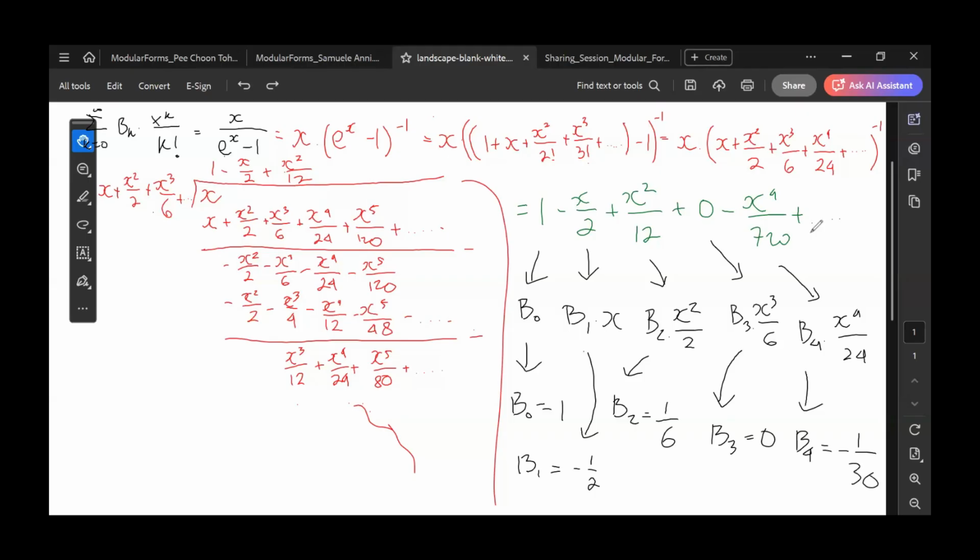And the more terms you calculate, the more Bernoulli numbers you can find. So basically, this is for exercise. Maybe you can take a screenshot or write it down.